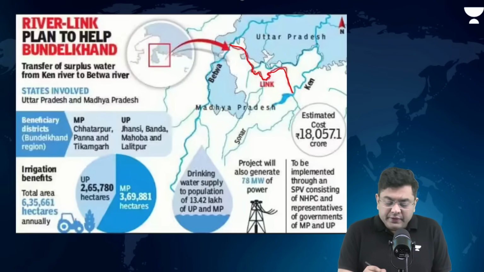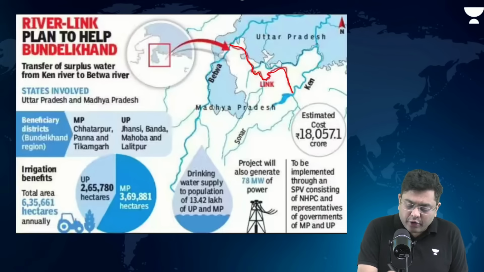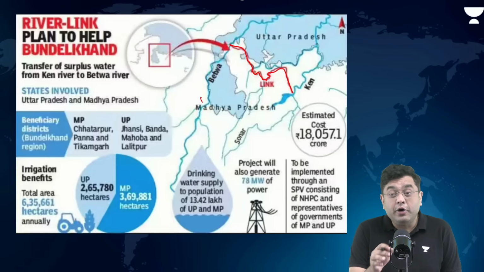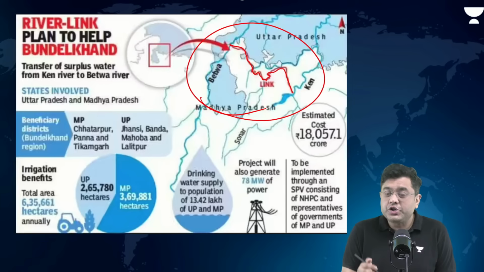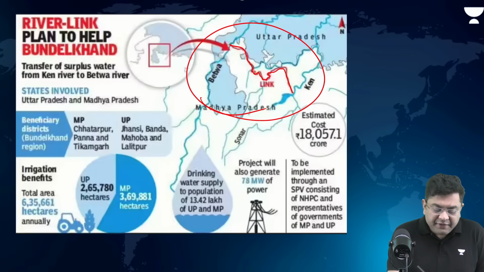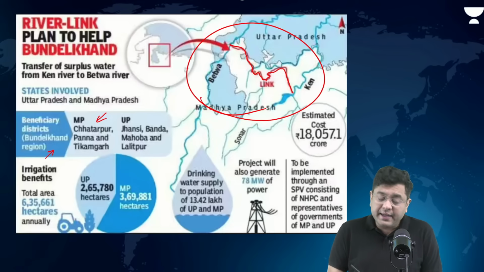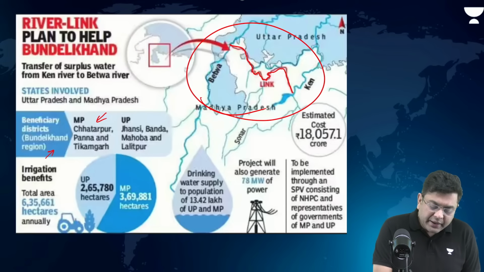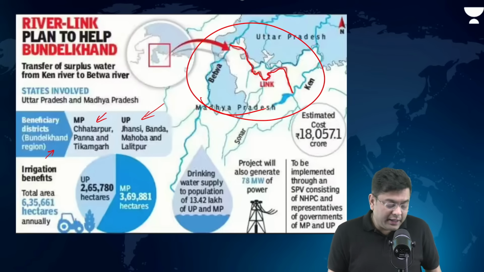Okay. This is the entire region of Bundelkhand consisting of certain districts of Madhya Pradesh, certain districts of Uttar Pradesh as well. Beneficiary districts of Bundelkhand region in MP, Chhatarpur, Panna, and Tikamgarh, in UP, Banda, Jhansi, Mahoba, and Lalitpur.